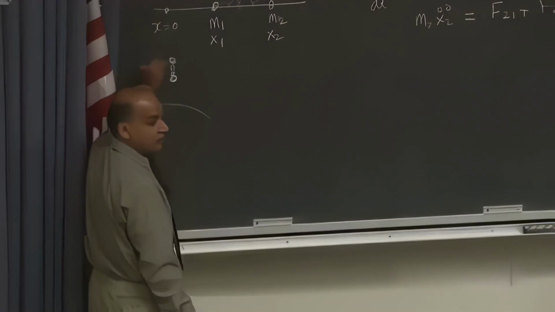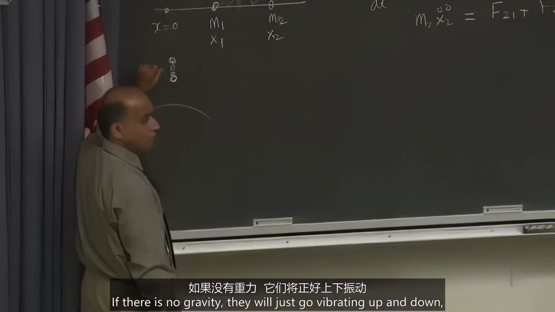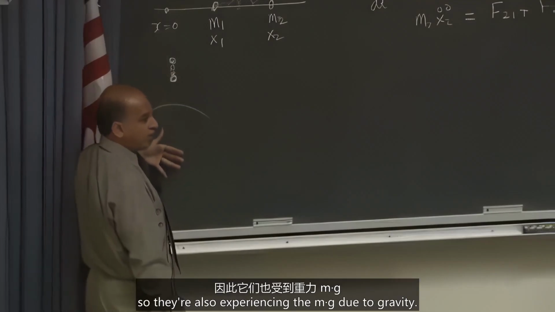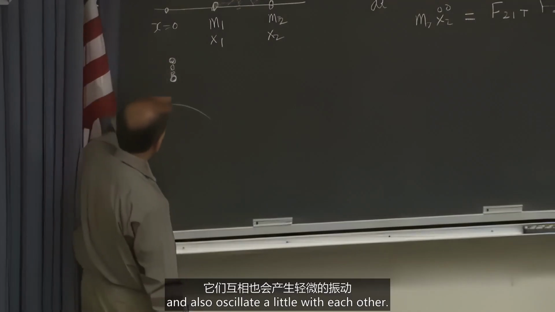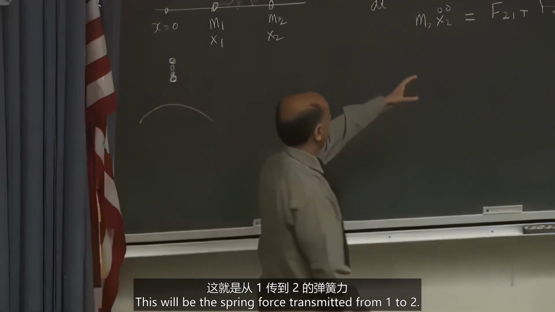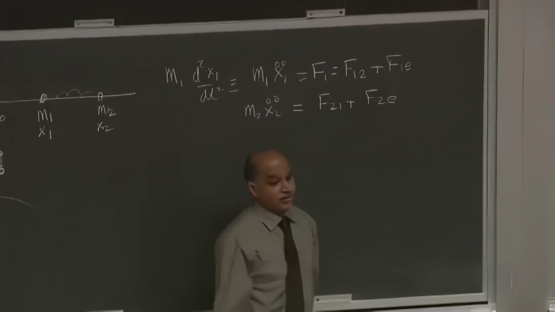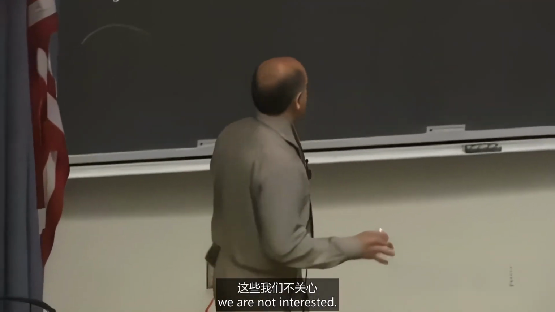I squash the spring. If there is no gravity, they will just go vibrating up and down, but let them fall under the field of gravity. So they're also experiencing the mg due to gravity. So they will both fall down and also oscillate relative to each other. They're all described by this equation. This will be the spring force transmitted from 1 to 2. This will be the force of gravity. Or it could be electric force or any other force due to anything else. I'm not interested.